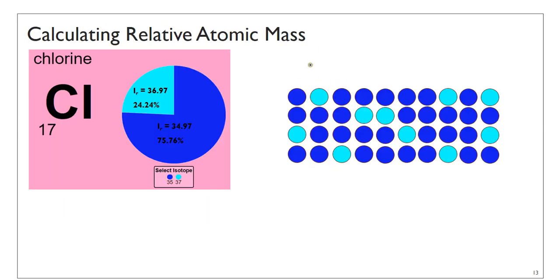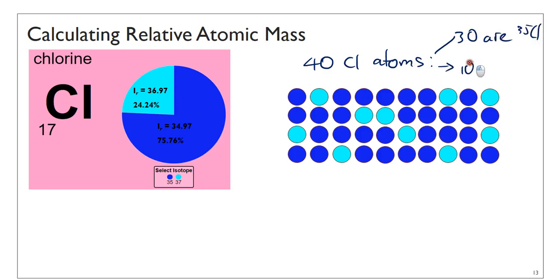So let's say I have 40 chlorine atoms. Around 3/4 of them, or 30 atoms, will be chlorine-35, and the other remaining 10 will be chlorine-37. If I want to calculate the relative atomic mass, I basically want to take into account both the relative isotopic mass of each isotope as well as the percentage abundance of each isotope.